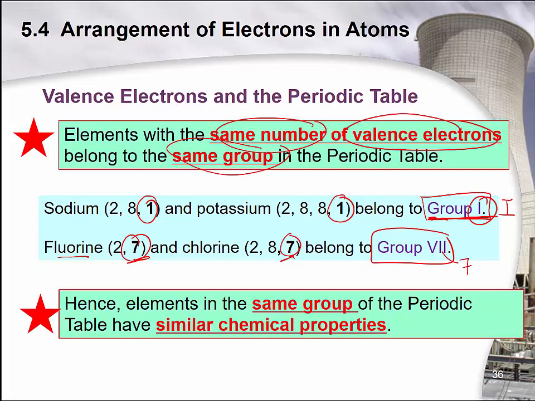And hence, since we mentioned just now that when they have the same number of valence electrons, they react similarly. So you realize that elements in the same group must react similarly. They must have similar chemical properties. Why do elements in the same group have similar chemical properties? Because they have the same number of valence electrons.